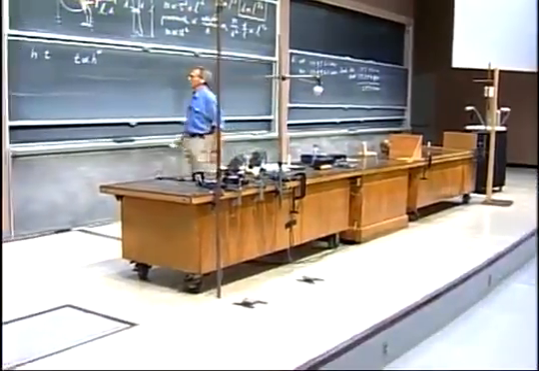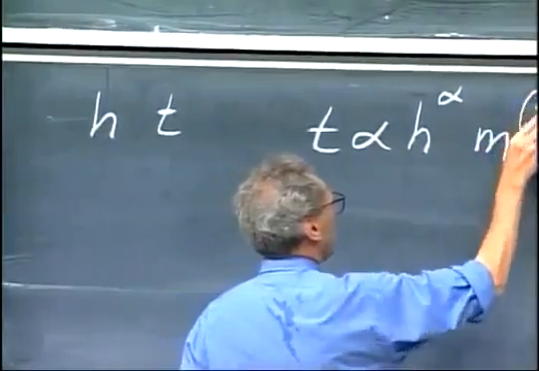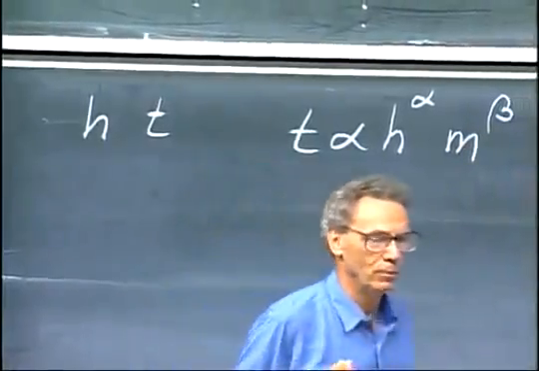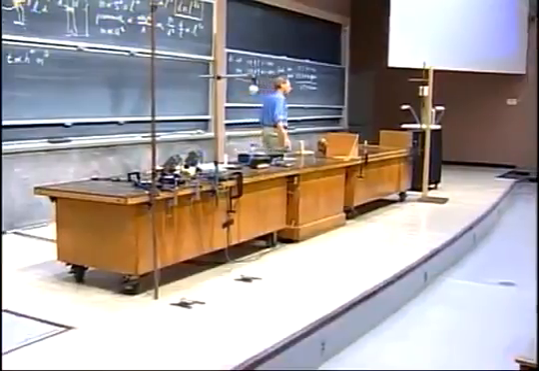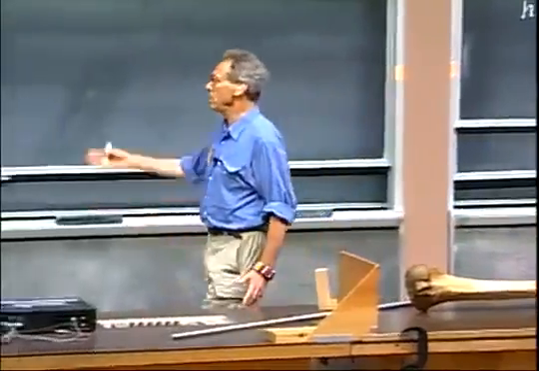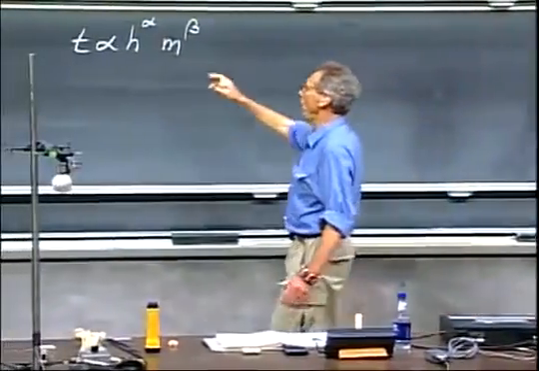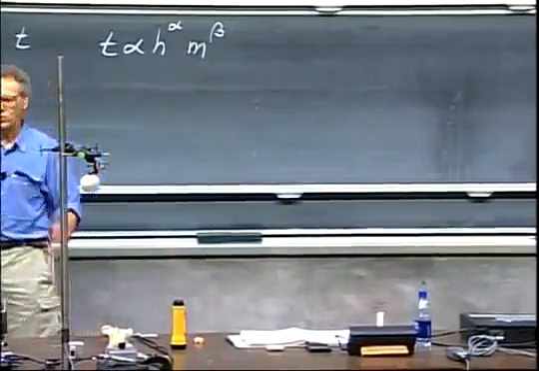I said to myself, well, if the apple has a mass m, it probably is also proportional to the mass of that apple to the power beta. I said to myself, gee, yeah, if something is more massive, it will probably take less time. So maybe m to some power beta. I don't know alpha, I don't know beta. And then I said, yeah, there is also something like gravity.